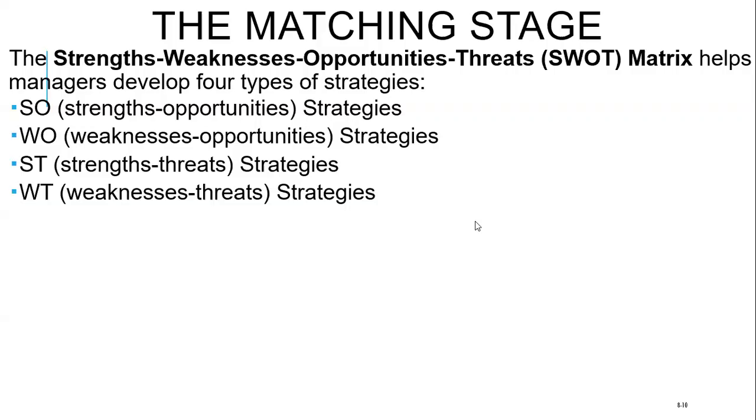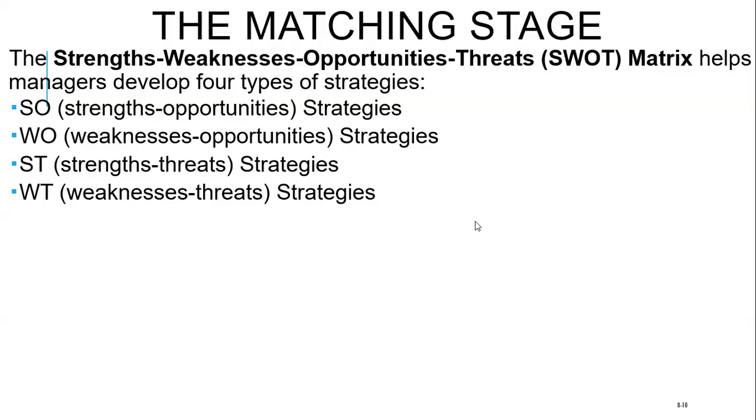Alternatively, there could also be a situation where the organization is currently implementing the ST strategies, in which the strengths of the organization are being catapulted to tackle possible threats which ensue in the external environment.